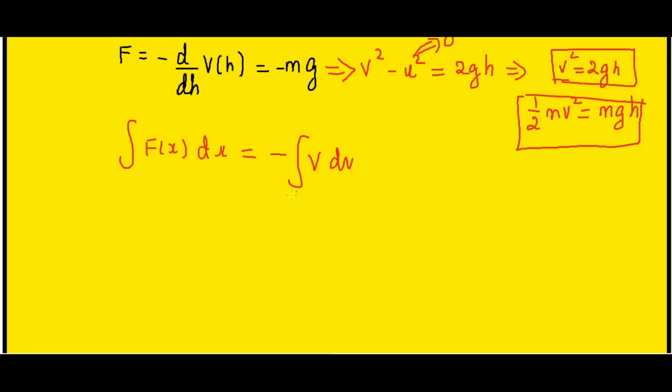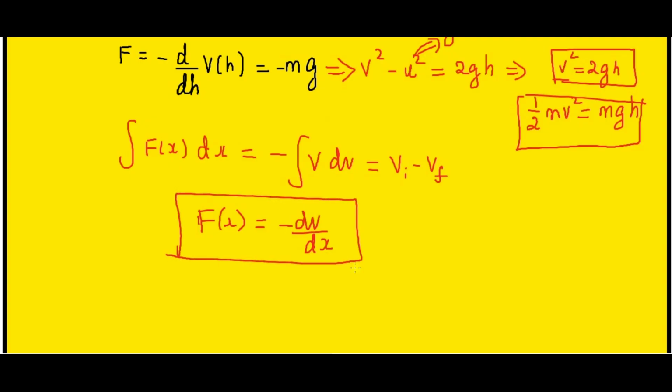That gives us, by integrating, vi minus vf, where we know that here f of x is equal to minus dv divided by dx.